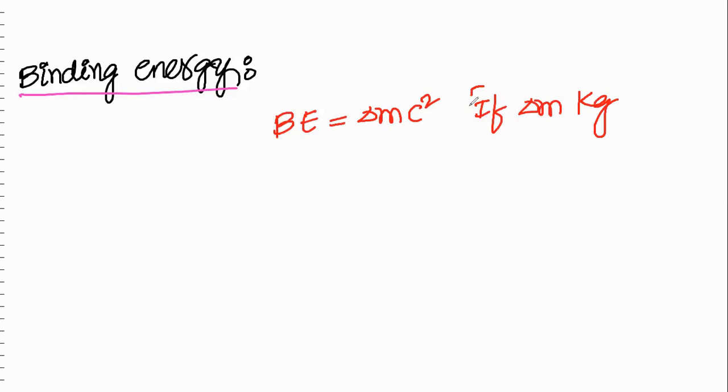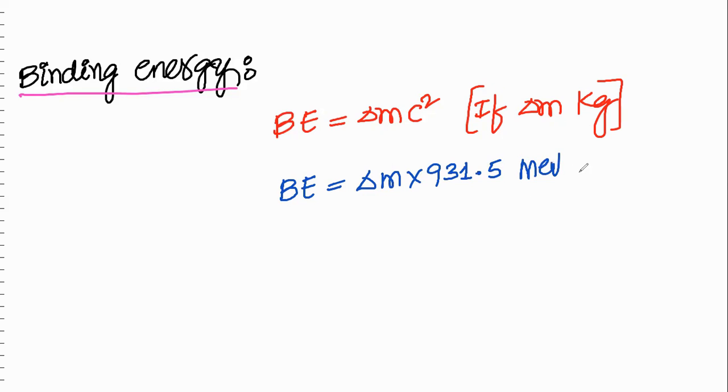So the binding energy BE is equal to delta M into C square. This we will write if the mass defect delta M is in kgs. If the mass defect is in kgs, this is the formula. So binding energy BE is equal to delta M into 931.5 million electron volts.